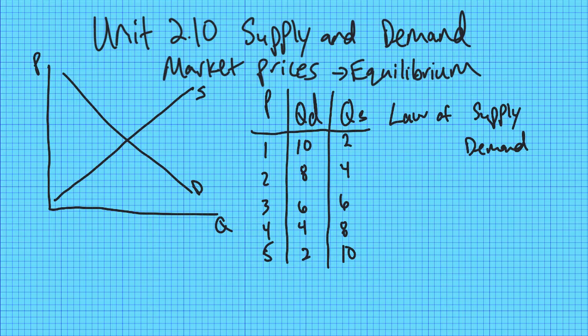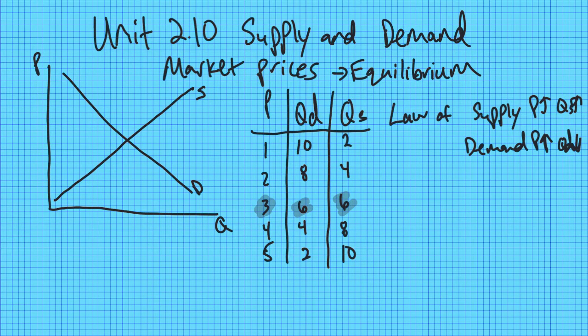That you have this direct relationship between price and quantity for supply and inverse relationship between price and quantity for demand. So obviously at some point those two things are going to intersect. They're going to be equal to each other. And so we can see that at the price of $3, we have a quantity demanded of 6 and a quantity supplied of 6.